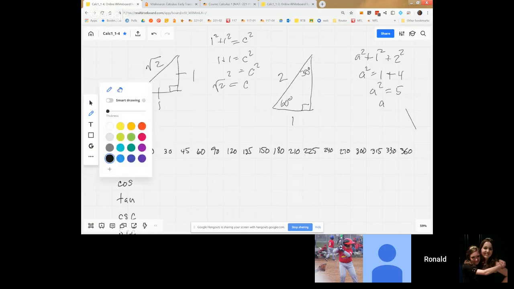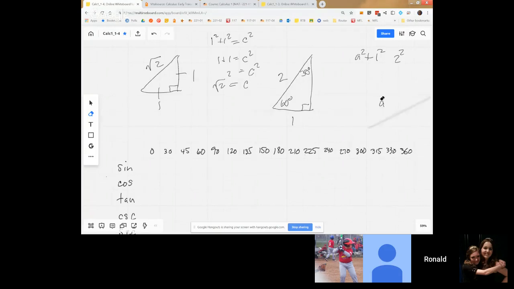Let me redo this again. That was supposed to be an equal sign. Okay, let's try this again. My apologies. So we've got a squared plus 1 squared equals 2 squared. A squared plus 1 equals 4. A squared equals 3. A equals square root 3.